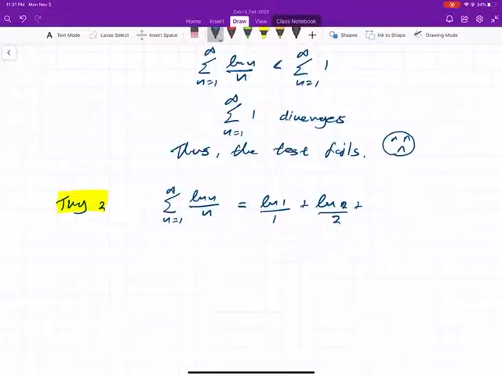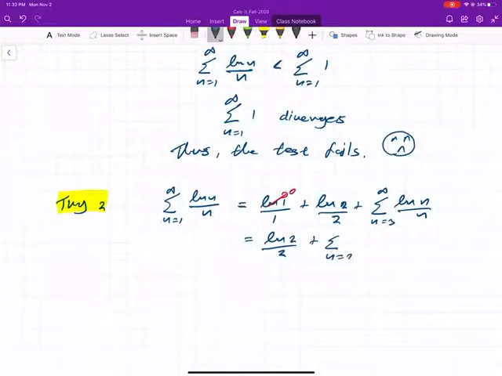The third term and the rest I write like this: n equals 3 to infinity of ln n over n. What I have done is expand and remove the first two terms. You know ln 1 is 0, so you can write this as ln 2 over 2 plus sigma n goes from 3 to infinity ln n over n.